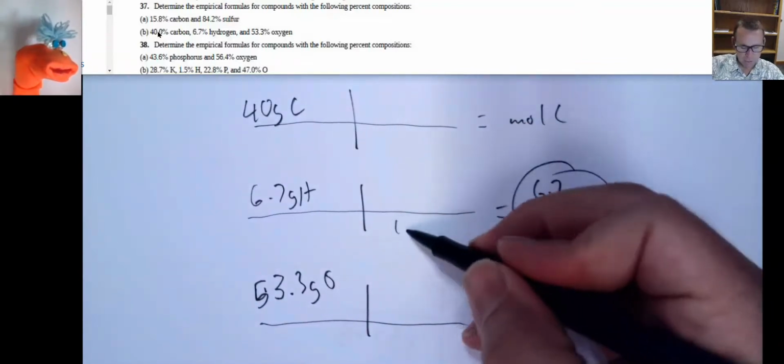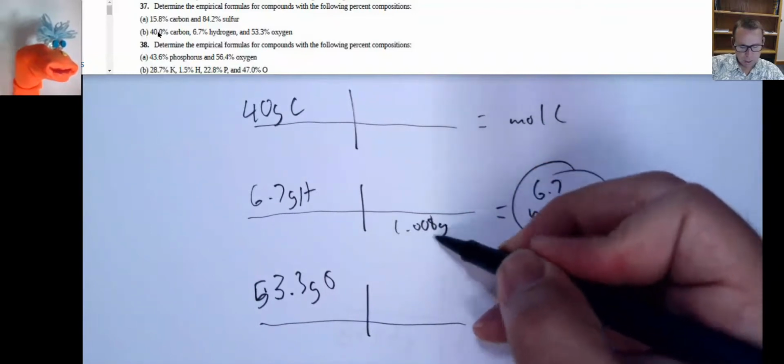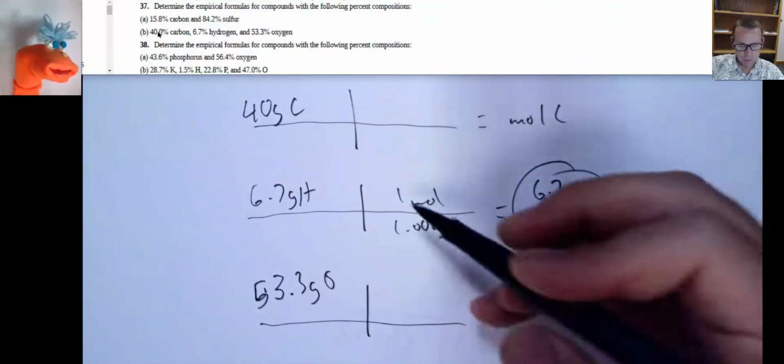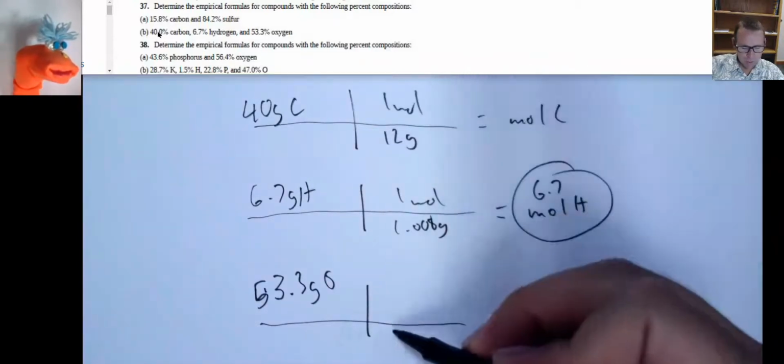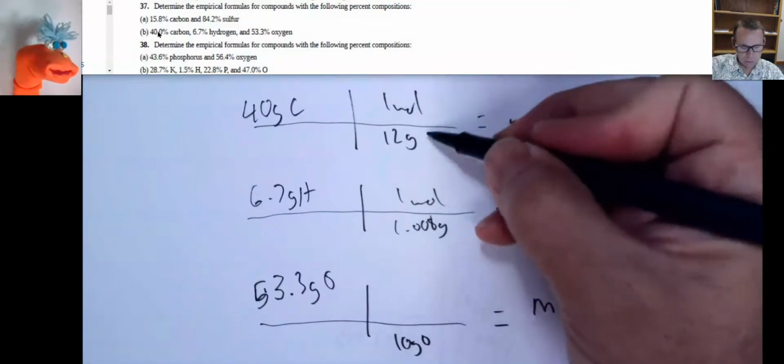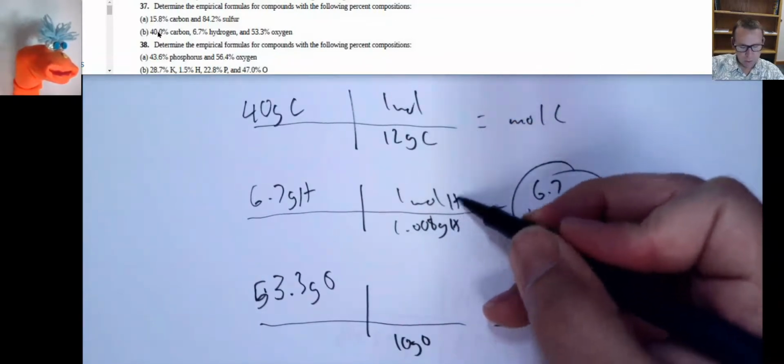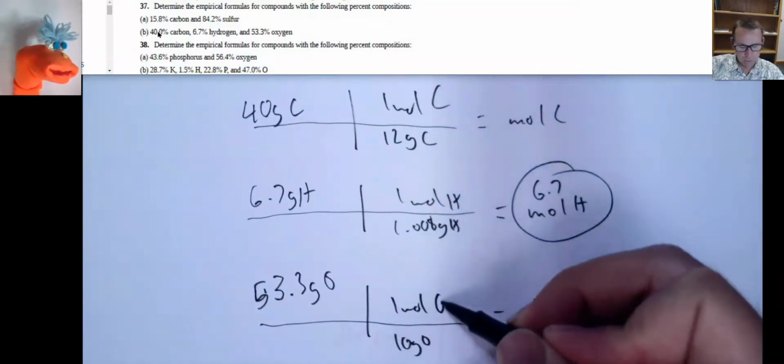This one's always easy, right? 6.7 grams of hydrogen, 1.008 grams for every 1 mole, so it's essentially that for 2 significant figures for sure. 12 grams for every 1 mole of carbon, 16 grams of oxygen for every 1 mole of oxygen.